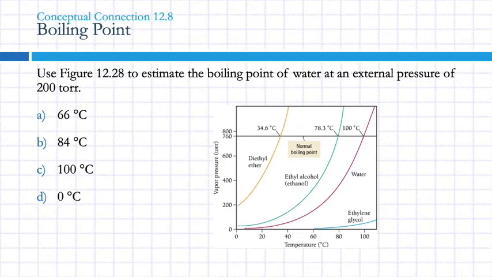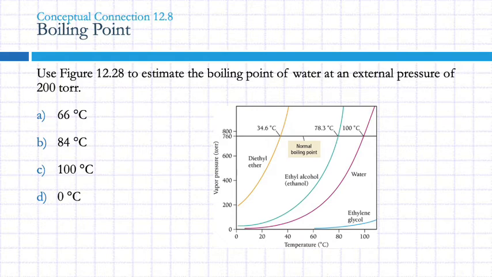So, boiling point is where the external pressure is equal to the vapor pressure of the liquid. That's when the liquid will boil. So looking at this same chart from a couple slides ago, up here we have 760 torr. That's normal atmospheric pressure. At that temperature, the vapor pressure of water is 760.